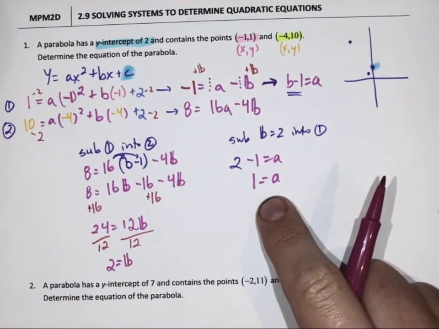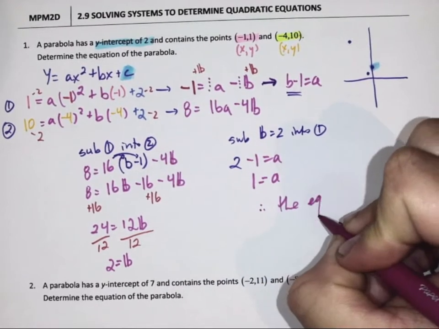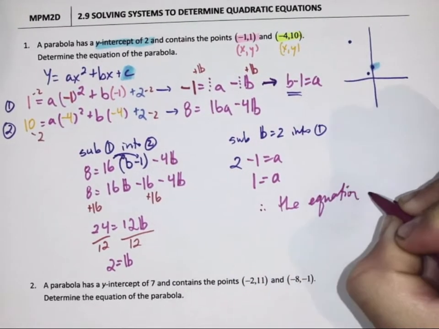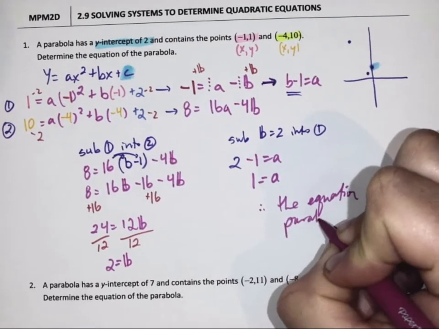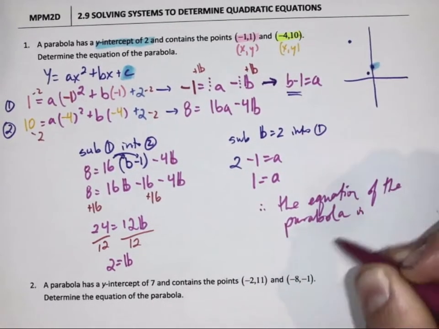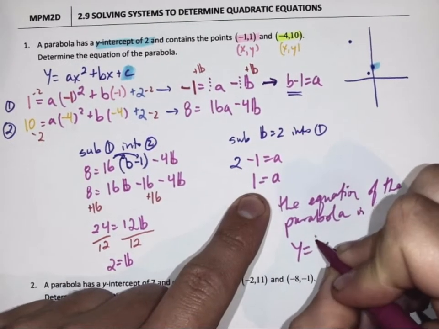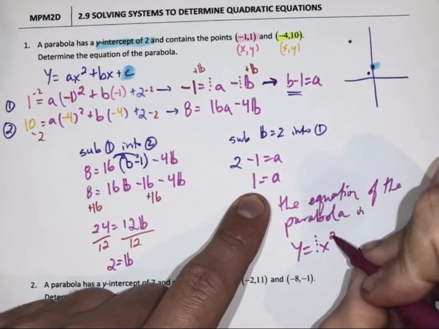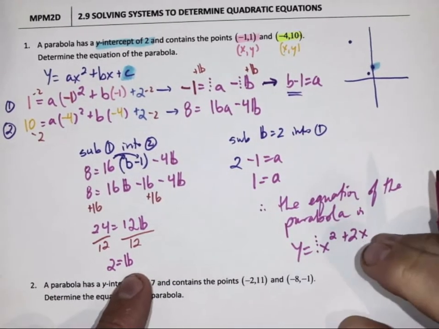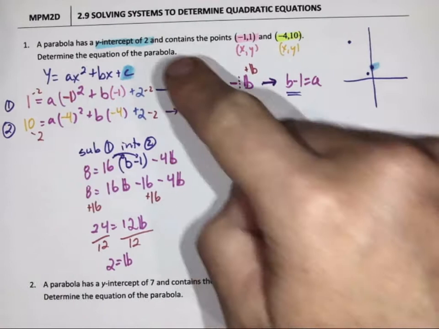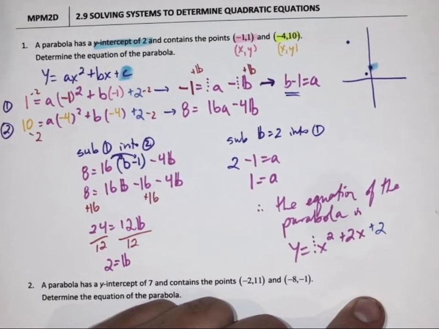So this we would sub in, therefore, the equation of the parabola y equals, again, we don't have to show the 1. If you do, sure, ax squared plus bx plus the c, and the c we had from the original equation.